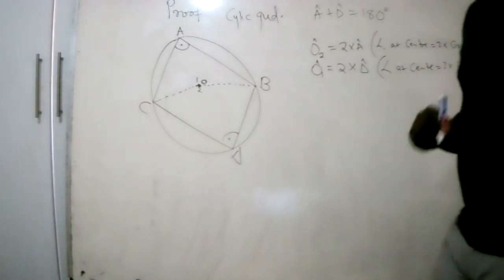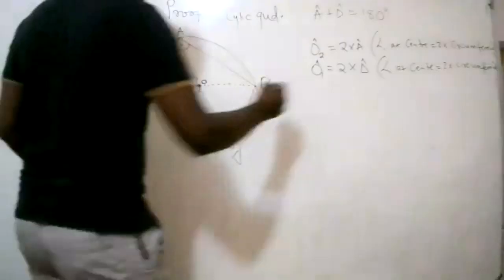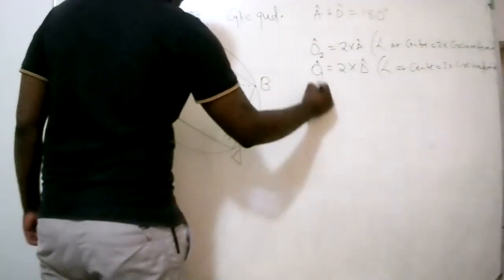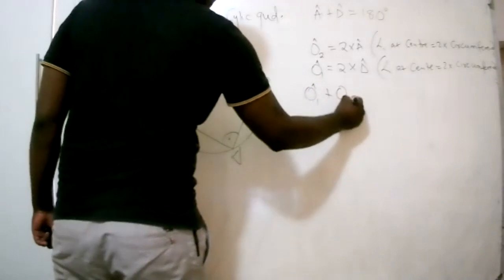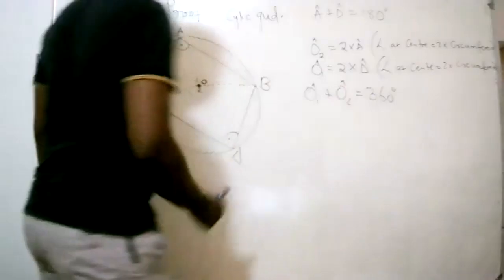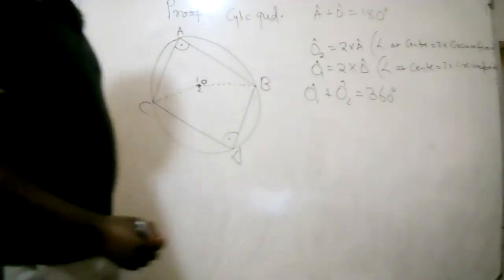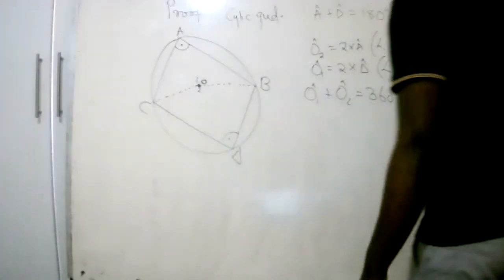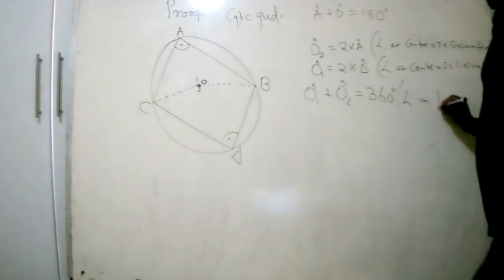After having that, we are going to take advantage of the circle we have at the center, wherein we know that O1 added to O2 must be equal to 360. Why? Because this is the angle in revolution.